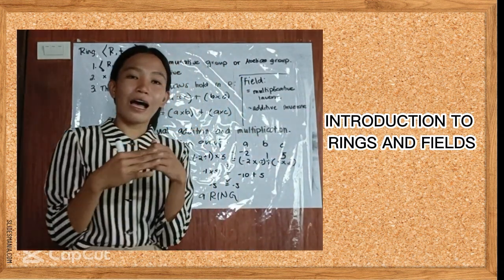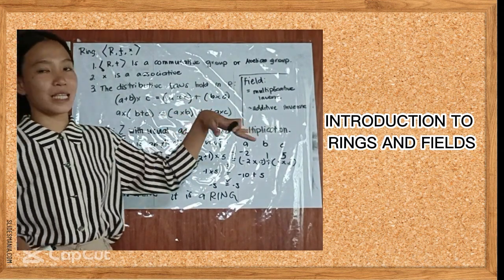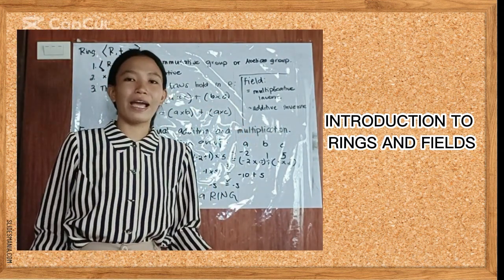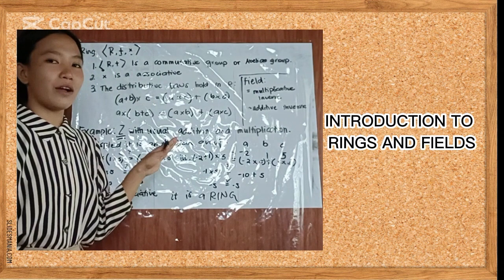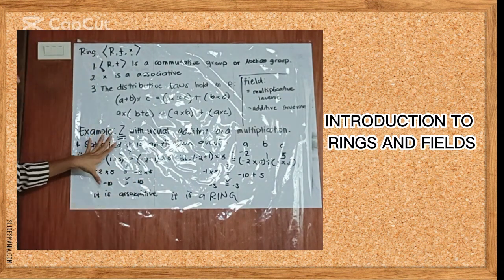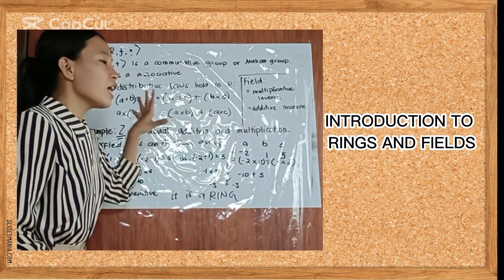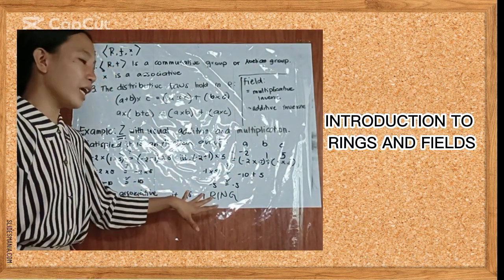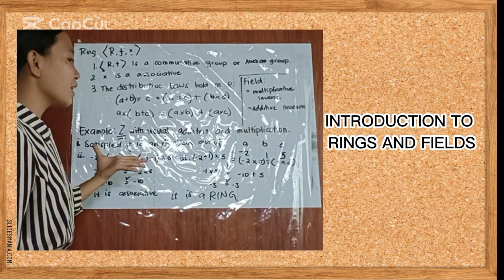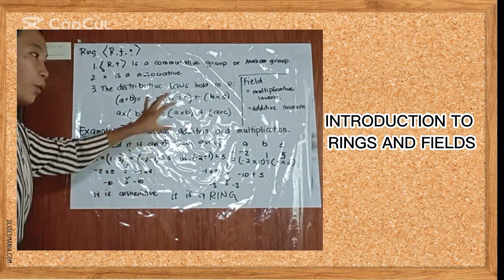If they do not have these two properties, then it is not a field. Since we have here an example in ring, which is Z with usual addition and multiplication, it is indeed a ring. But let's test if it is also a field.